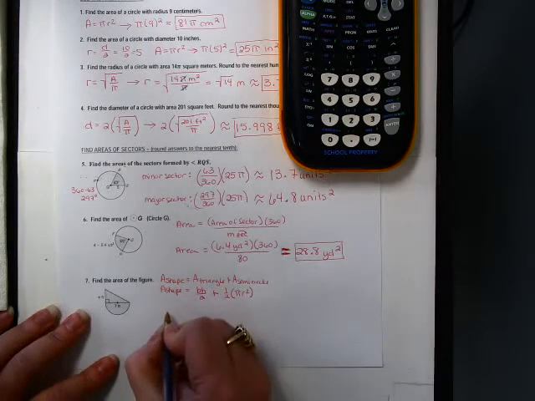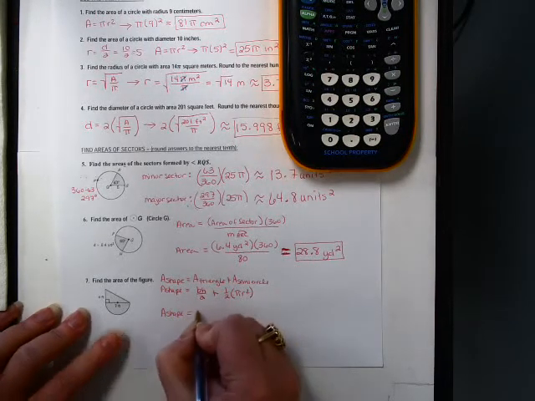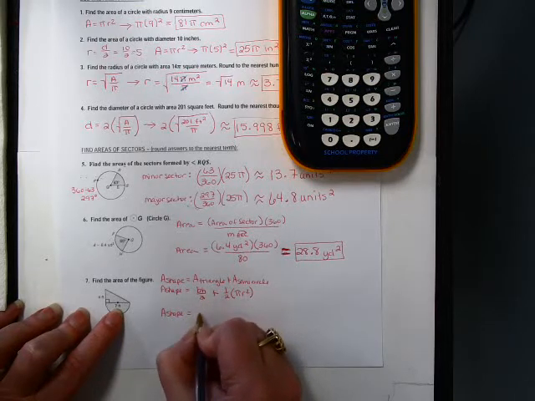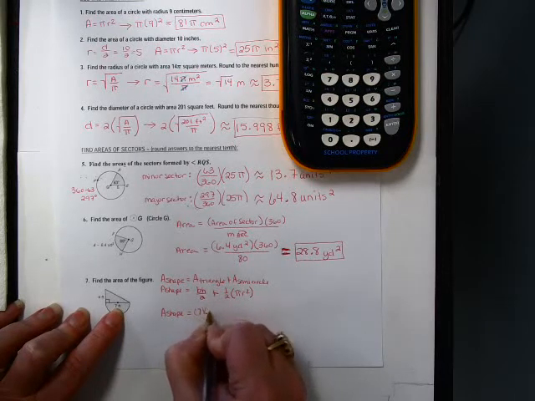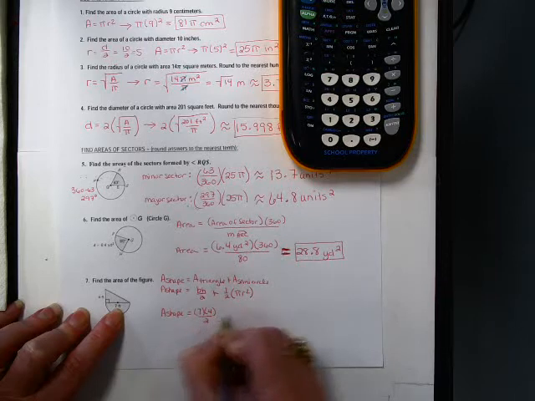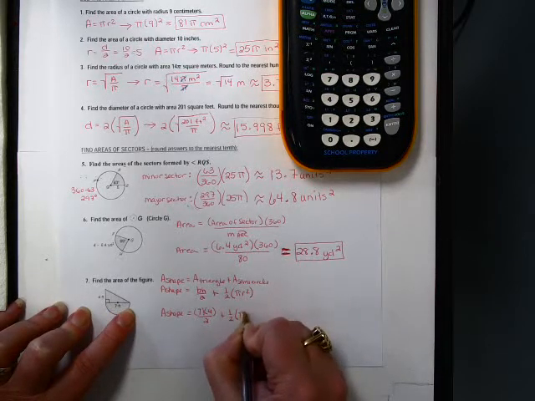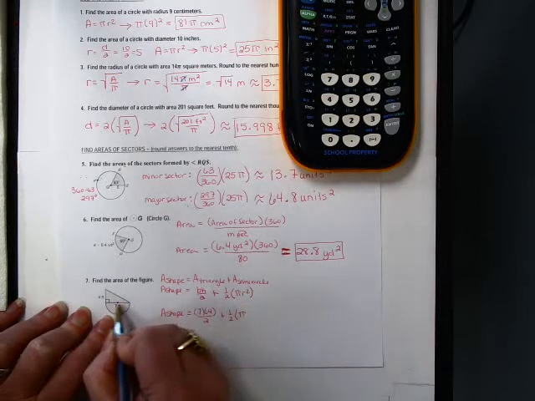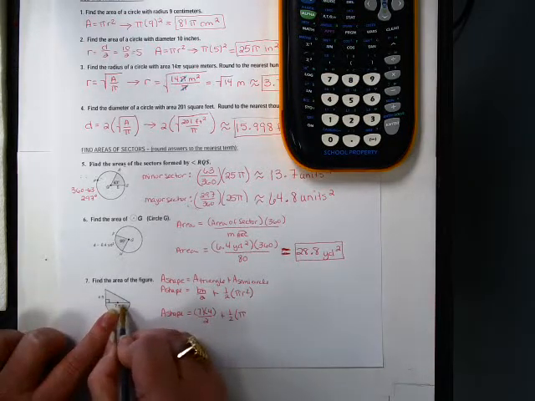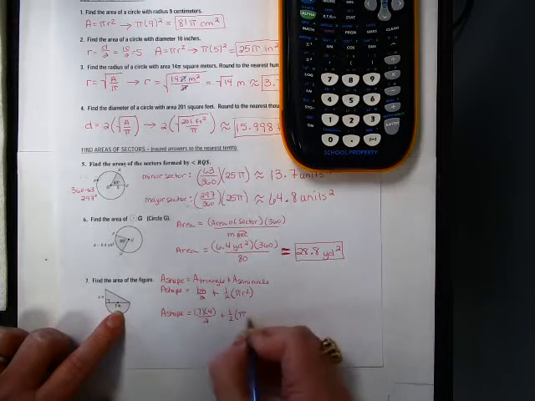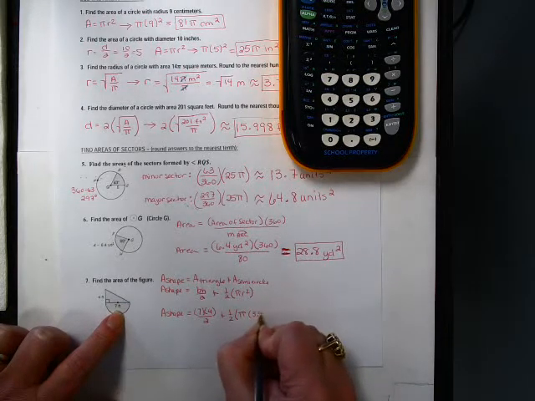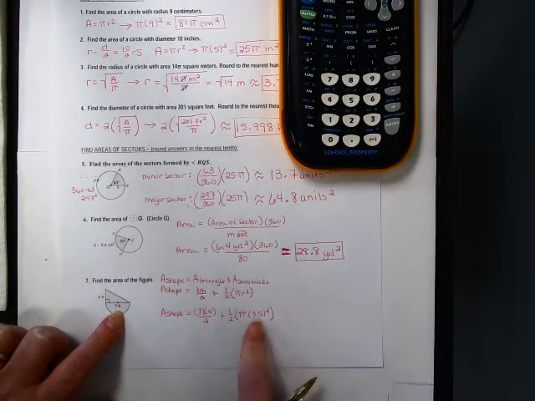Alright, so plug in what I know. Area of my shape is going to be the base, which is 7, times the height, which is 4, divided by 2, plus 1/2 of pi times the radius, and we don't know the radius yet because that's 7, but we cut it in half to get 3.5 squared, and that would be my radius.